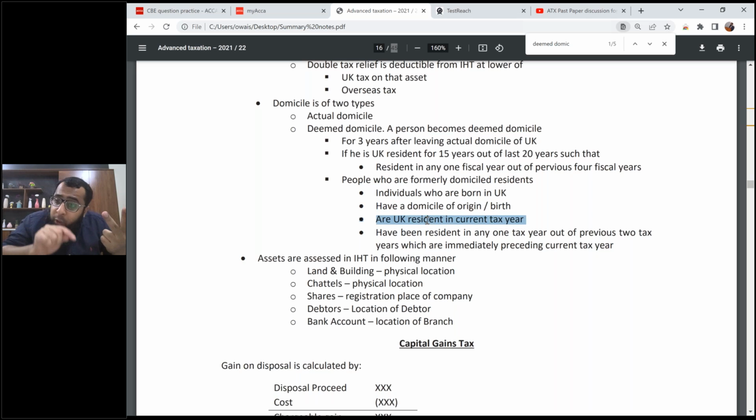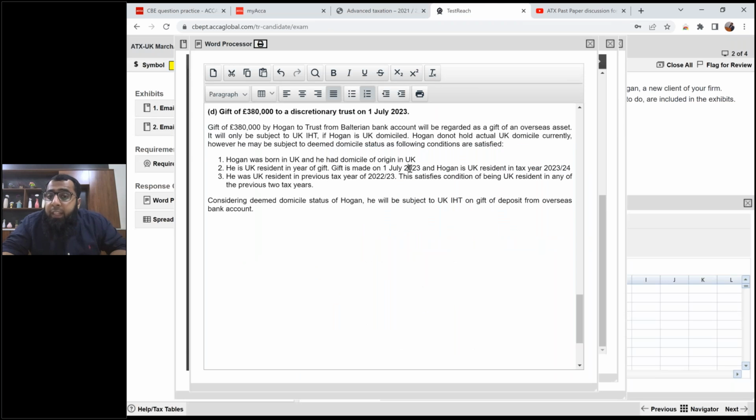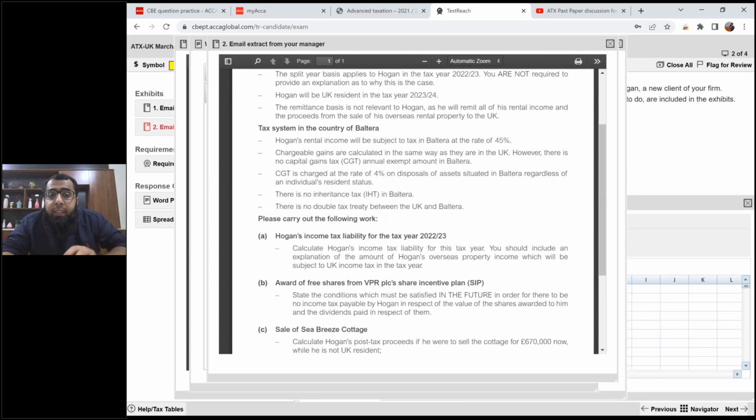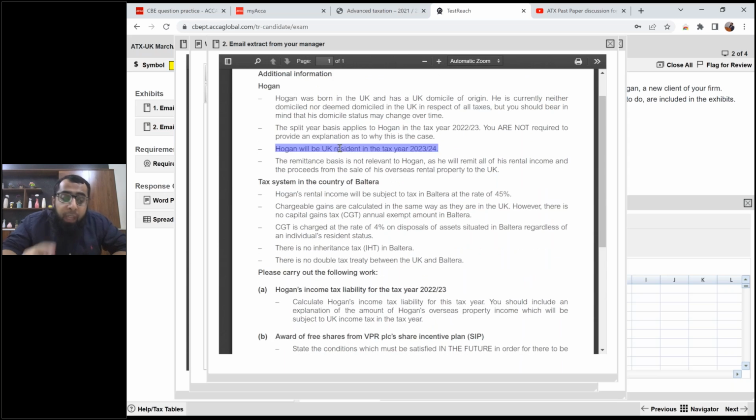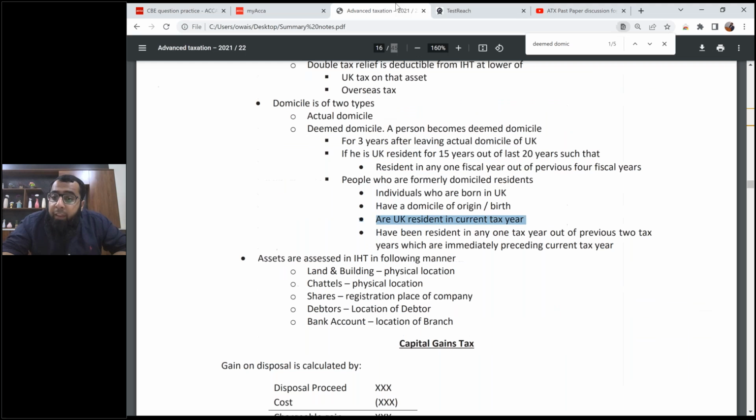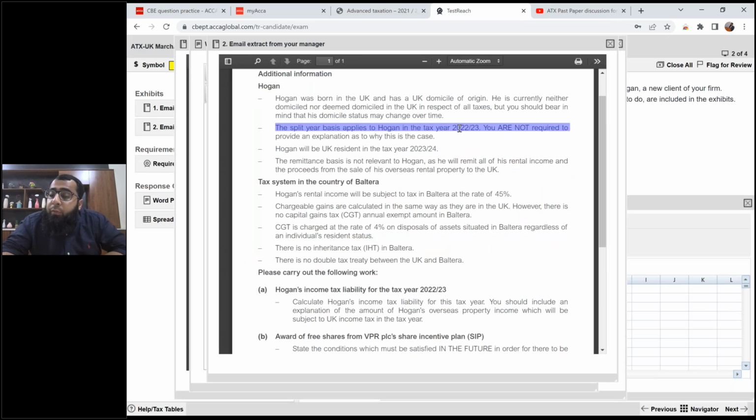Number three, you are UK resident in current tax year. The gift is made in July 23 and it is clearly written here that Hogan will be UK resident in the tax year 23-24. So yes, he is resident in the current tax year. And number four, have been resident in any one of the previous 2 tax years. So yes, he was resident in the previous tax year of 22-23.